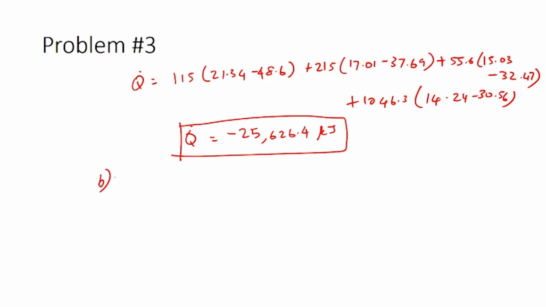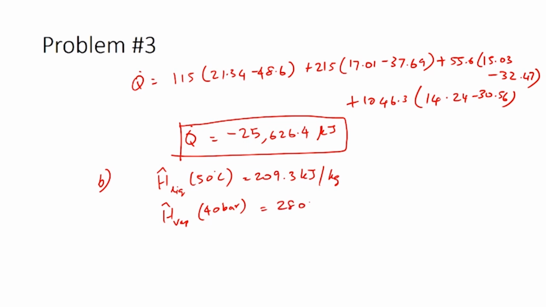For part B we can use steam tables, and the H cap of liquid water at 50 degrees Celsius can be looked up in the steam table to get 209.3 kilojoules per kilogram, with reference to the reference state in the steam tables. Similarly, H cap for water vapor at 40 bar, which is saturated vapor at 40 bar, is 2800.3 kilojoules per kilogram.